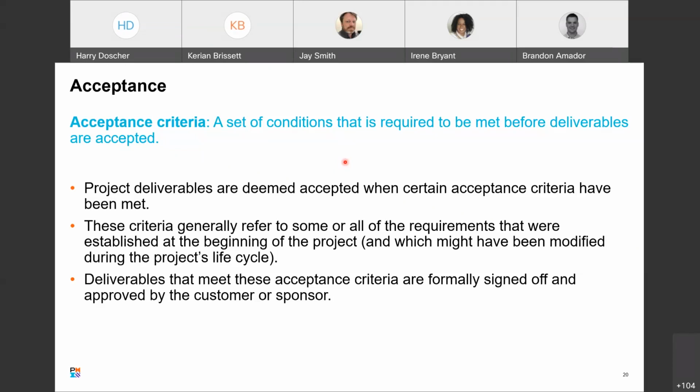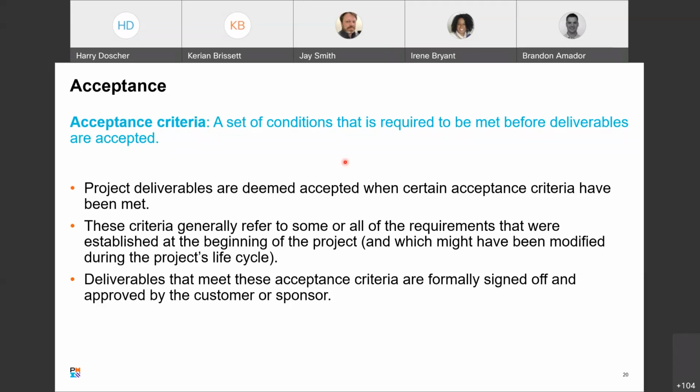Okay. And the acceptance criteria need to be established prior to starting the phase or prior to starting the project so that the development teams and everybody on the project has a clear idea of what they're supposed to be delivering.